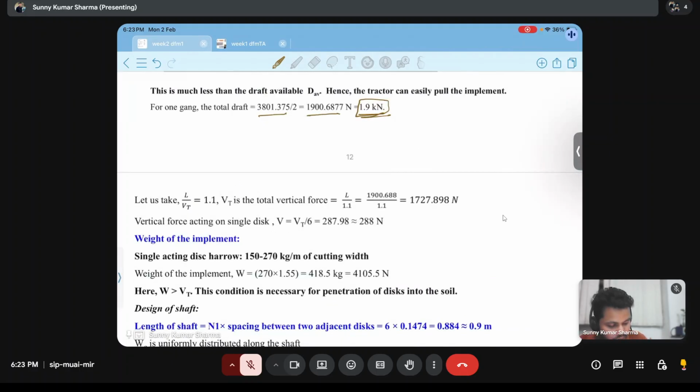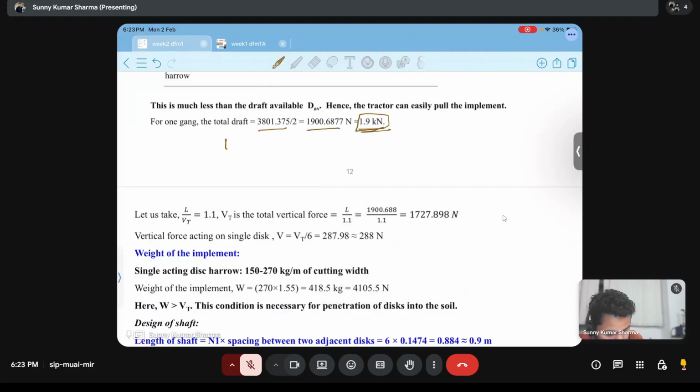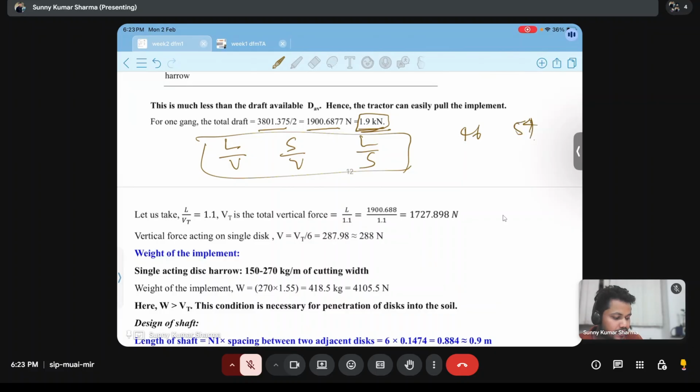And for disc harrow or disc plow, we have values for L by V, S by V, L by S for every standard disc diameter, 46 centimeter, 51 centimeter. We have these standard ratios.